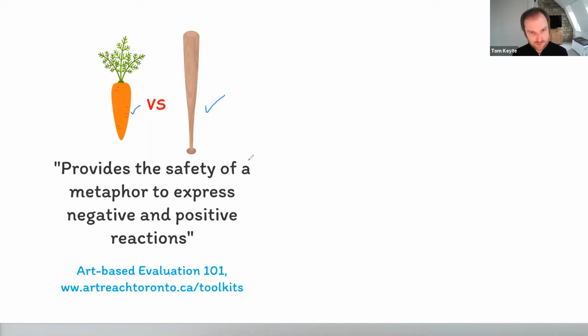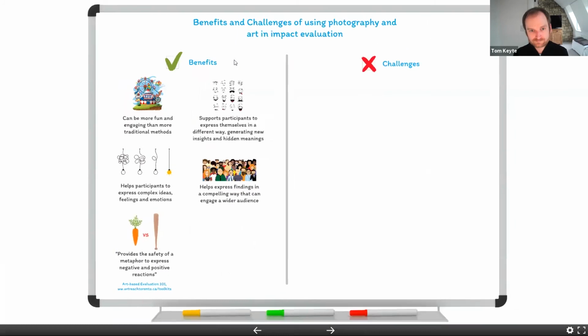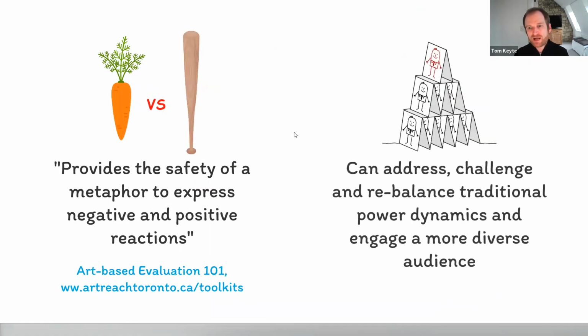So the final point there as well is just about the ability of drawings and pictures to address and challenge and rebalance perhaps traditional power dynamics and engage a more diverse audience. I've not myself used it in this context, but I've seen where images and pictures and art are used with an audience that might have lower levels of literacy.